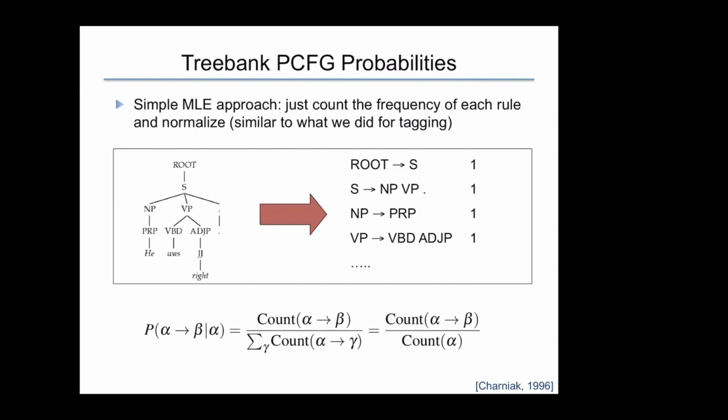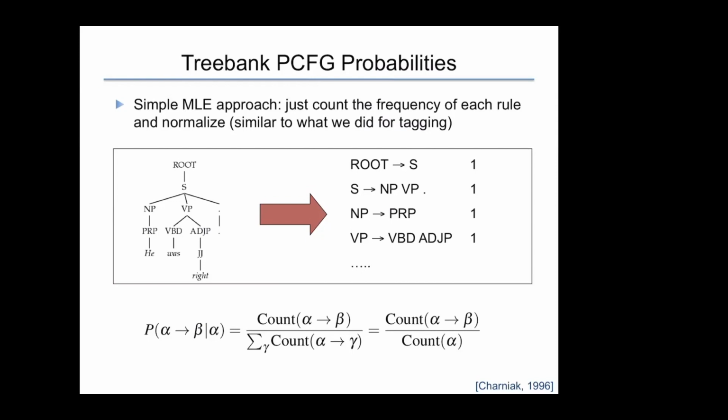Again, this is a recap of what I said. How do you determine the probability of each rule? The simplest case is that you just count in your training data, and then divide those counts. You count how many times alpha transitions into beta, and then count everything that alpha transitions into.